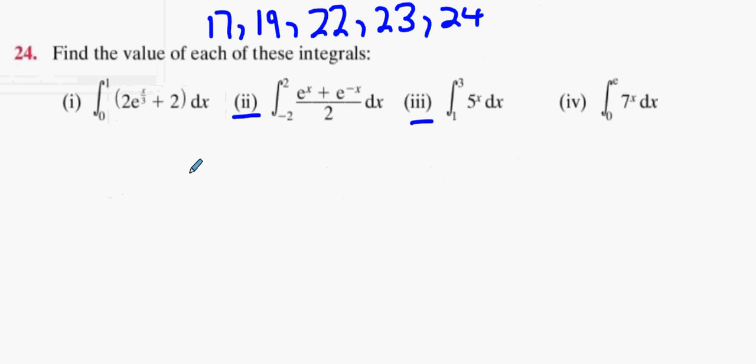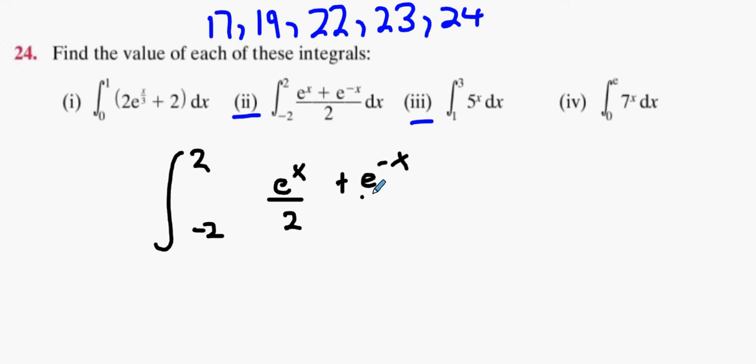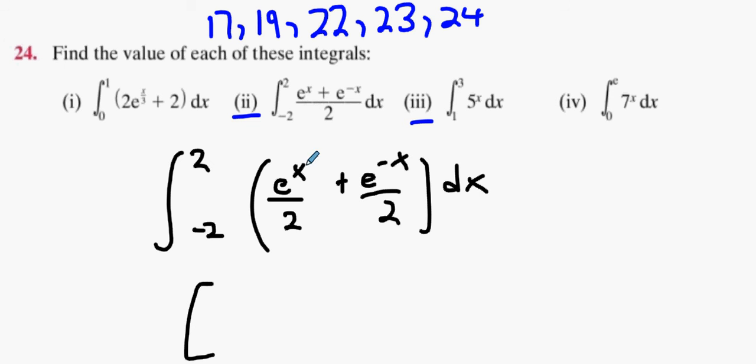Okay, split the fraction. So it's the integral of e to the x over 2 plus e to the minus x over 2 dx. Integrate. e to the x stays the same, it's still e to the x.